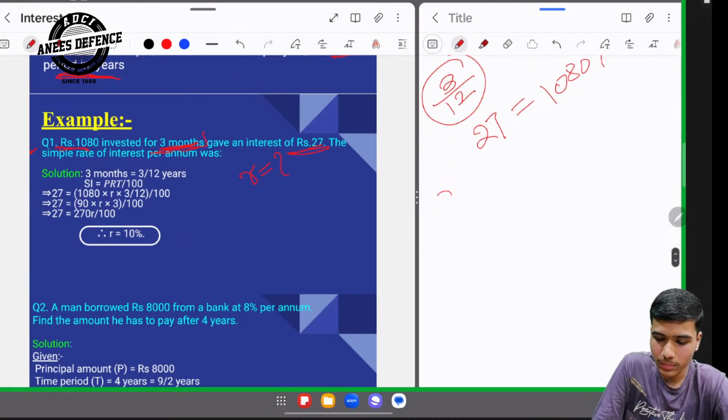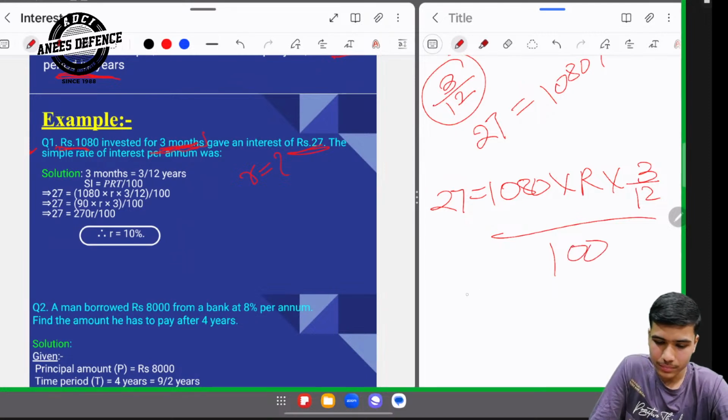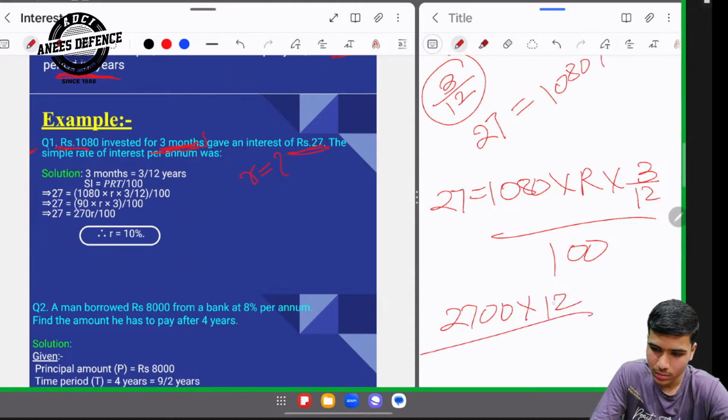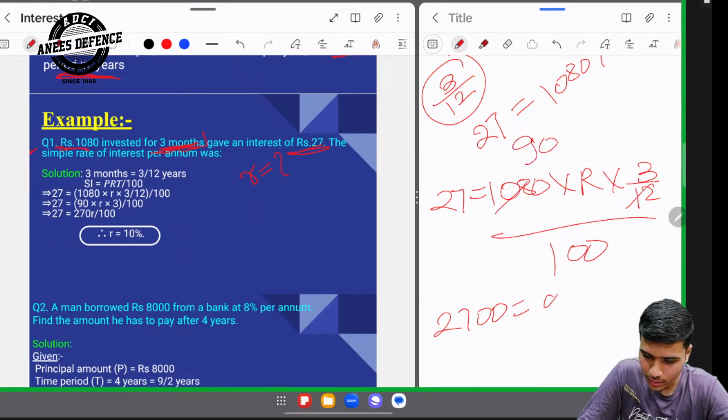So the final equation will be 27 is equal to 1080 into rate of interest into 3 by 12 upon 100. And after cross-multiplying, 2700 into 12 is equal to 1080 into R into 3.